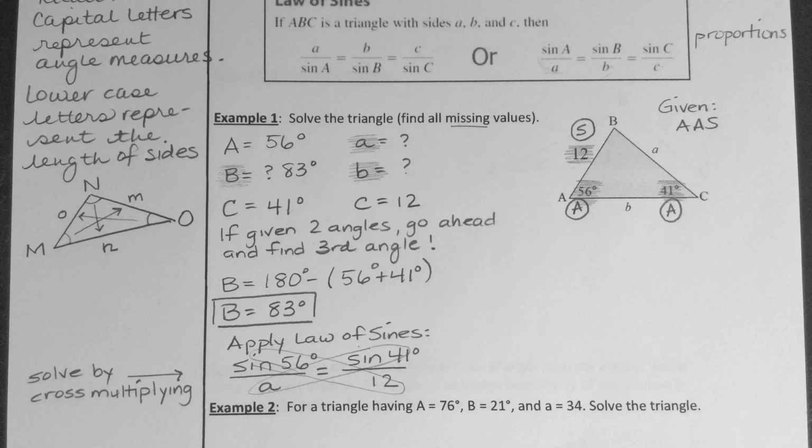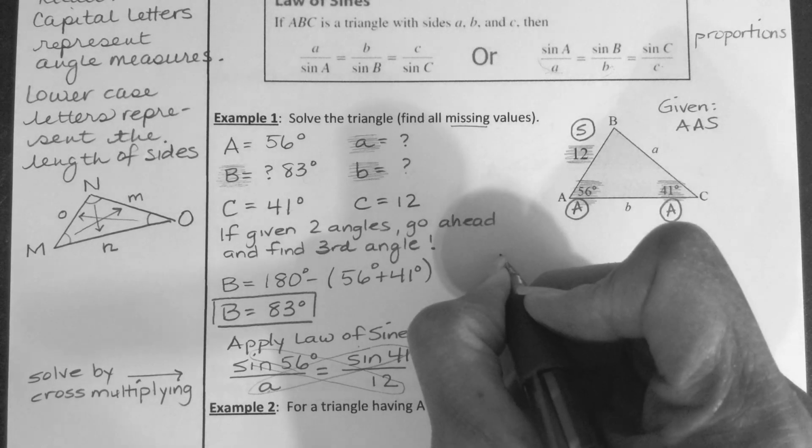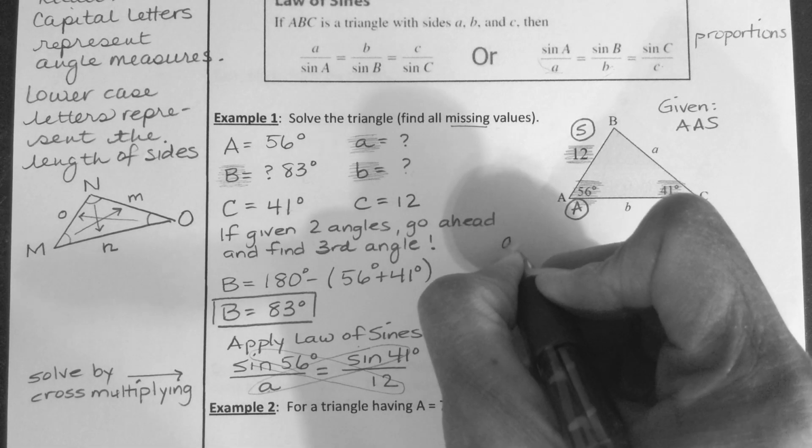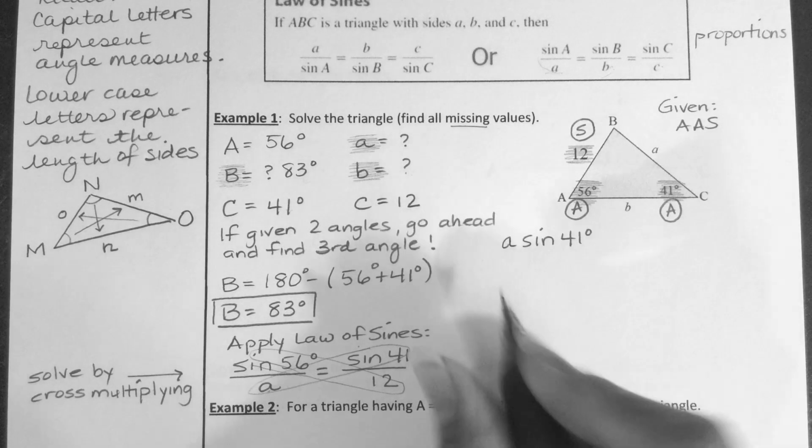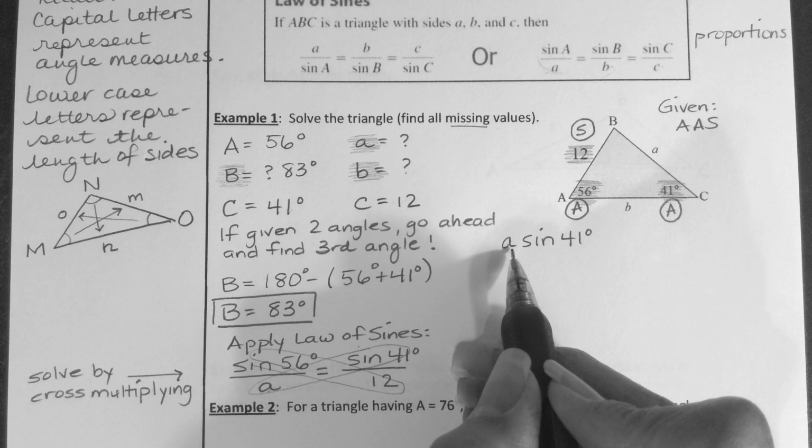So I'm pairing up this x of sorts. That's why it's called a cross, like an x cross. Between the two pairs, I usually start off writing the pair that actually has the variable in it, because I like to have the variable on the left side of my equal sign. So a times sine 41 is just written as a sine 41 all together, side by side, because in math, two terms that are side by side means multiplication.